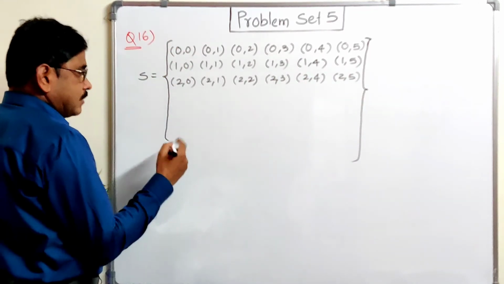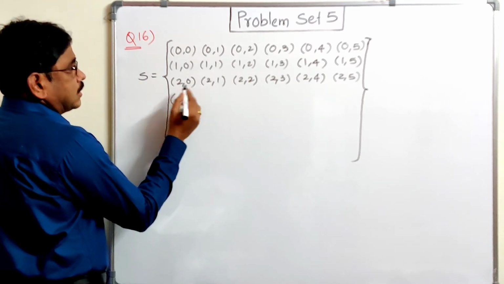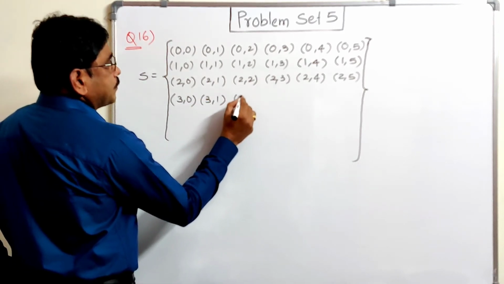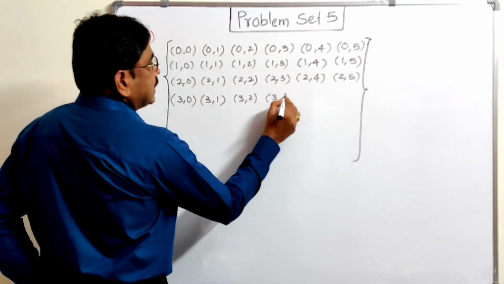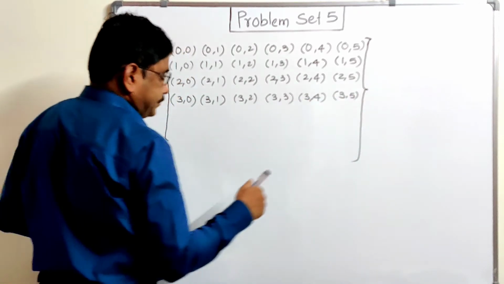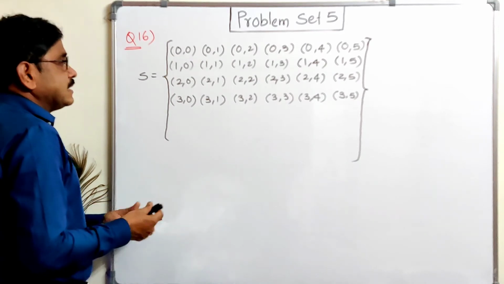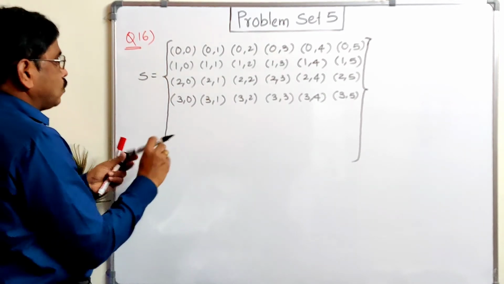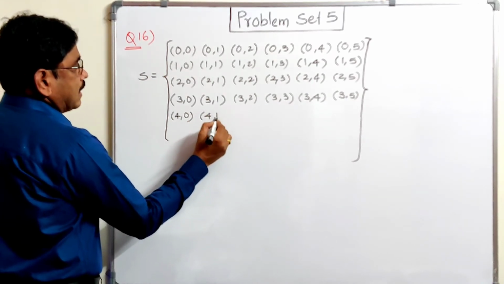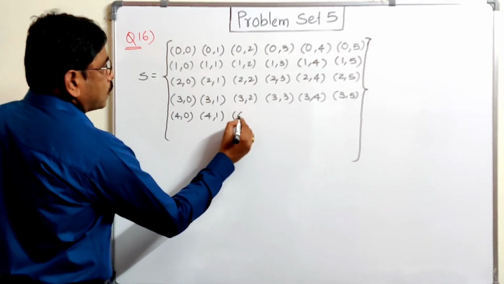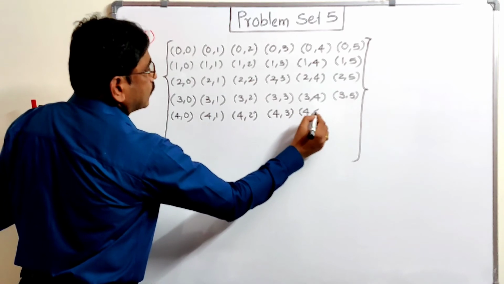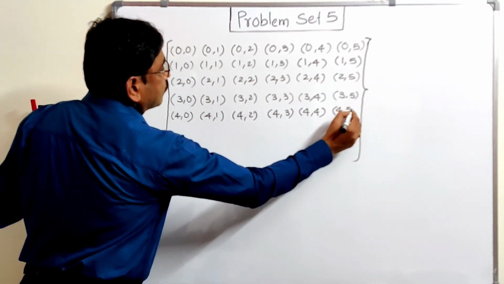So these are the possible outcomes. 3 0, 3 1, 3 2, 3 3, 3 4 and 3 5. Next one is 4 0, then 4 1, 4 2, 4 3, 4 4 and 4 5.